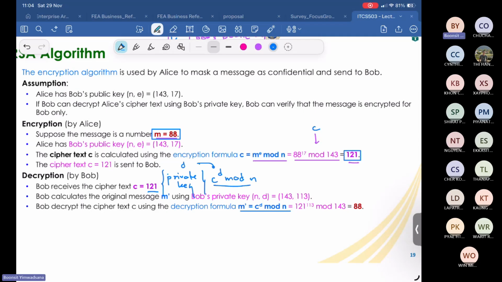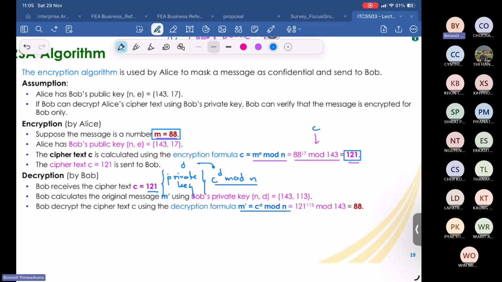And we perform this formula, where M prime represents the original plaintext that we decrypted. This method, even though it is not 100%, has a very good chance that no one should be able to crack it.